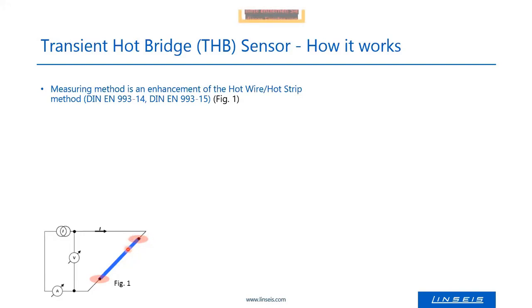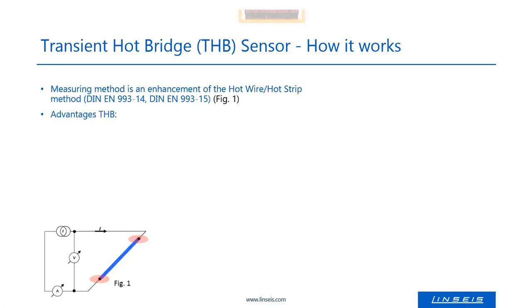Then the overall resistance of such a wire is quite small, and the effect which you want to measure, the delta T or temperature increase, is very small, so you need sophisticated electronics with lock-in amplifiers and stuff like that. So it's, yeah, challenging.